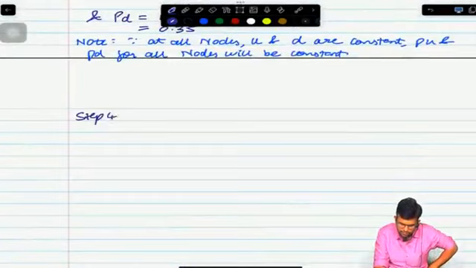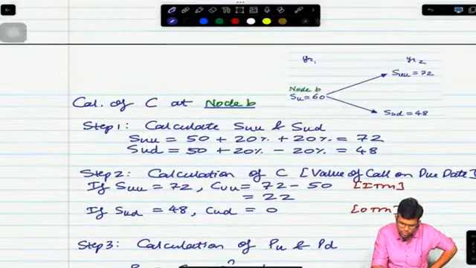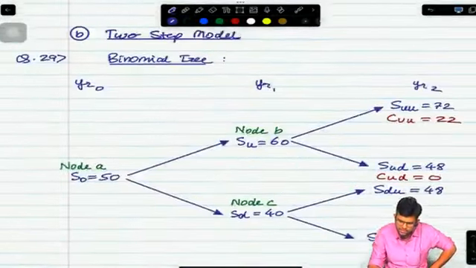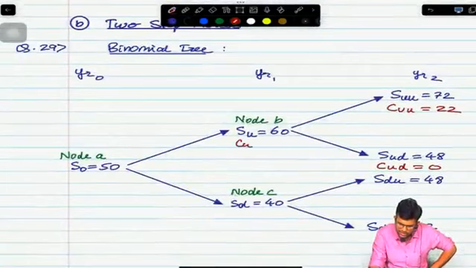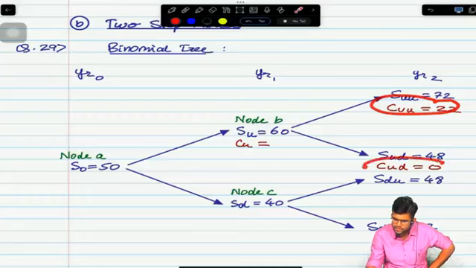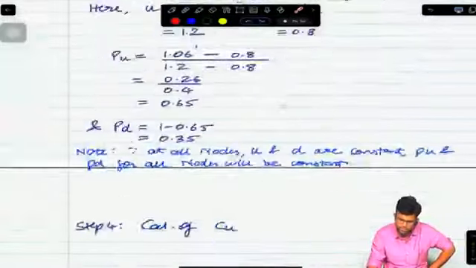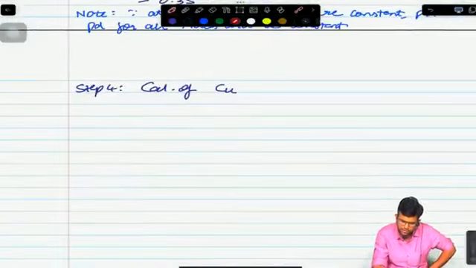Step 4, calculation of CU. Okay, why are you writing, sir, CU? Did you understand that at this particular point now I'll be getting the answer? I hope everybody is clear. I will do this into probability plus this into probability, merge them and bring them back. Everybody clear? That is what I'm going to do in this question. So I'm writing here calculation of CU.